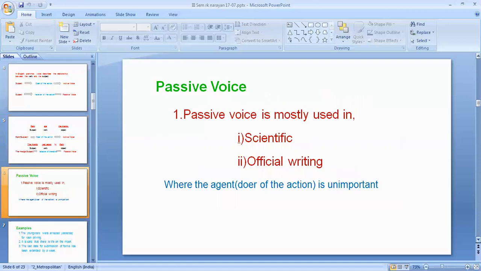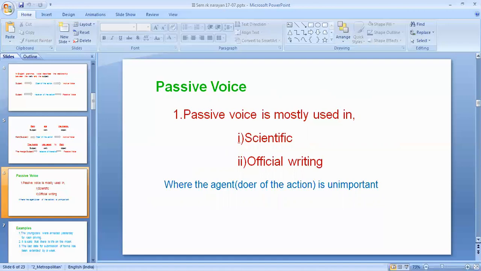Basically, passive voice is mostly used in scientific and official writings because in scientific studies, presentations and writings, the experiment results are more important than the doer. Of course, sometimes the scientist who conducts the experiments is also important.